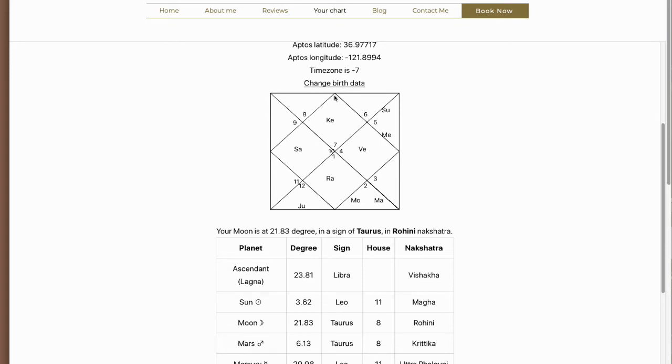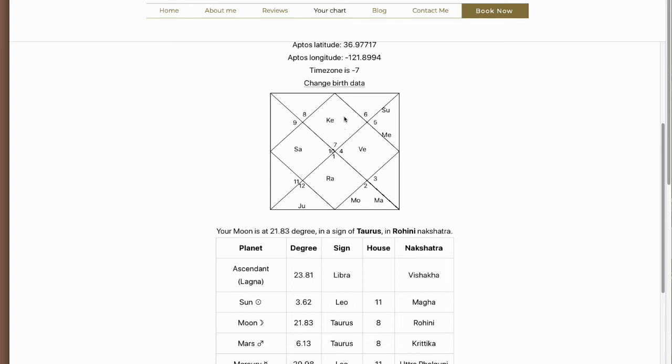So in the Northern style, we read the houses in a counterclockwise manner, and the houses are always in the same position. So this is the first house, second, third, fourth, fifth, 6, 7, 8, 9, 10, 11, and 12. Again, these numbers here are the signs, and the signs go, as you remember, in a specific order.